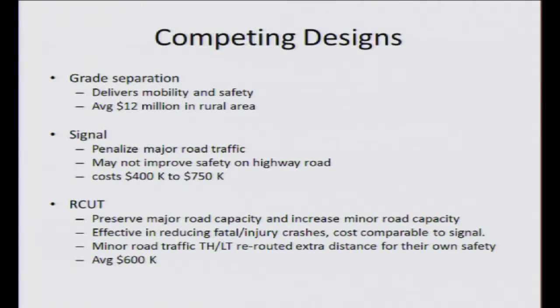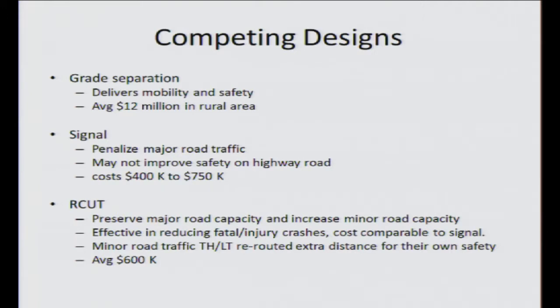It will give you the mobility and safety, but the average cost in rural areas is more than $10 million per location. With the traffic signal, it penalizes major road traffic and serves the 5% minor road traffic. If the volume is not there and speed is high, it doesn't really improve safety. And cost-wise, this is a cost range.